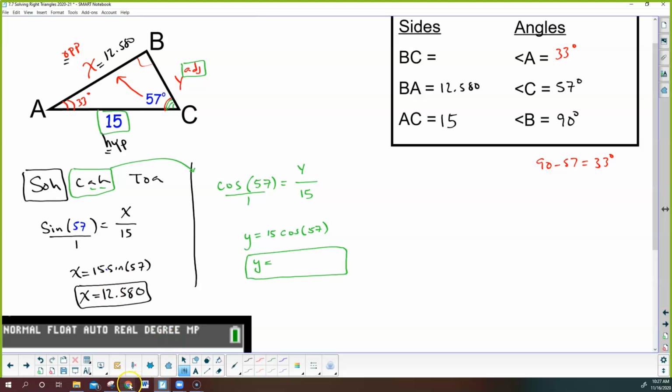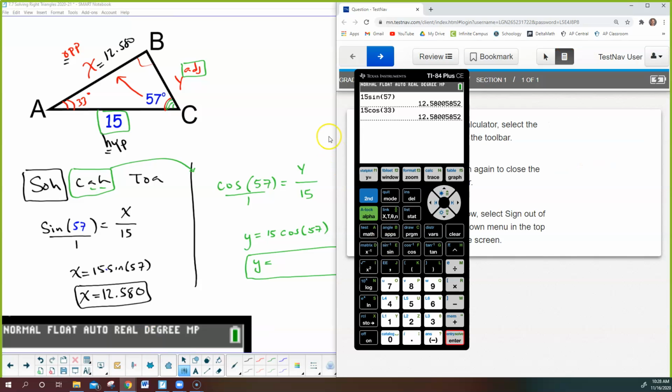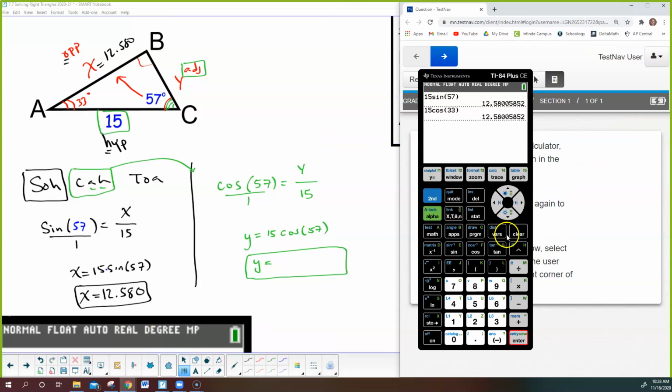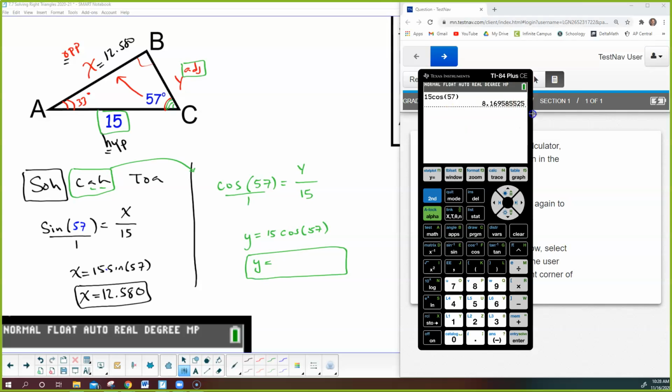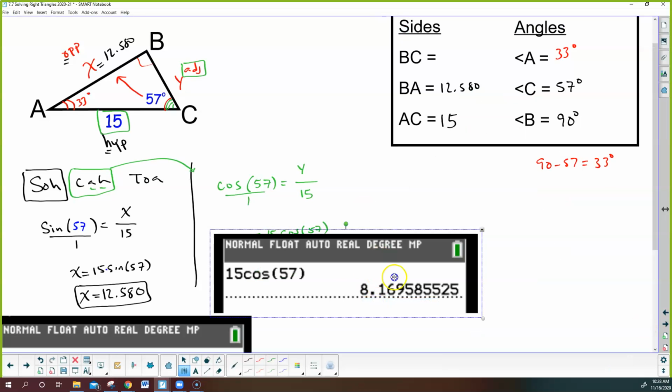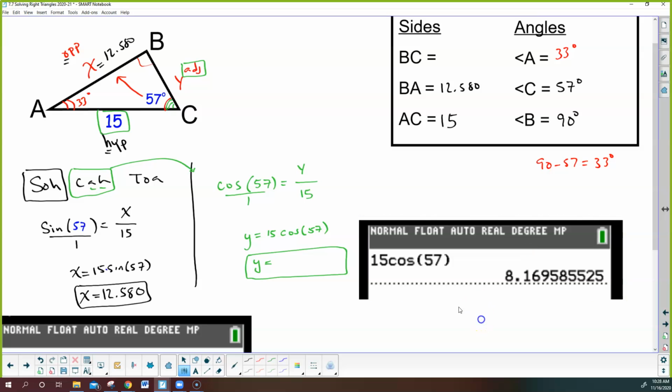So hopefully you're pretty well practiced in that work. I'll just do 15 times the cosine of 57. And that gives me 8.1.